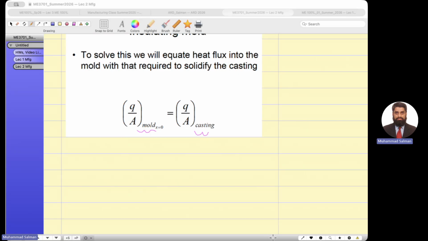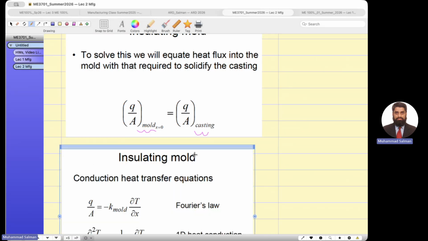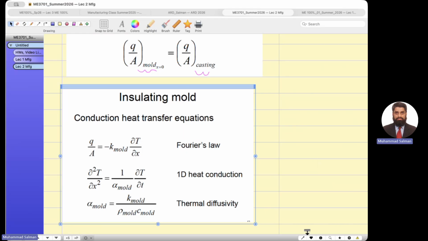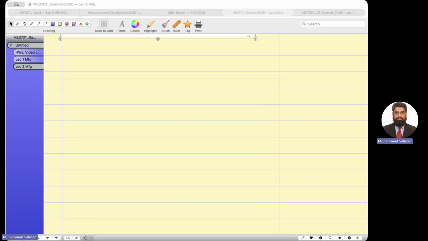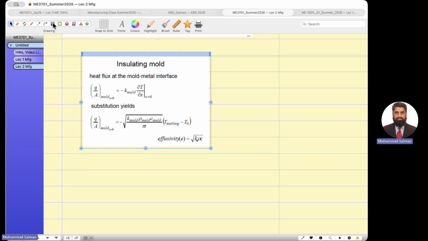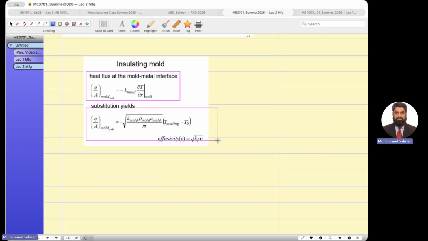And some of the important formulae are going to help you to find out the time. So I'm going to show you the formula. Don't worry too much about these things. Yes, this one, effusivity. I'm going to equate it. The left hand side is the heat flux at the mold metal interface, equal to this one.